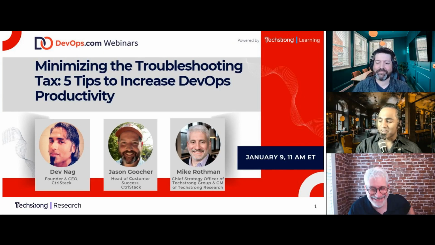So I'm the founder and CEO of CtrlStack. I was in tech from 22 years ago, back at PayPal, before the eBay acquisition, a long, long time ago. And then at eBay, then at Google, was at VMware for a while, did a bunch of startups, and especially the most recent one is the most relevant, I think. So we did Wavefront, and actually Jason was our first employee at Wavefront as well.